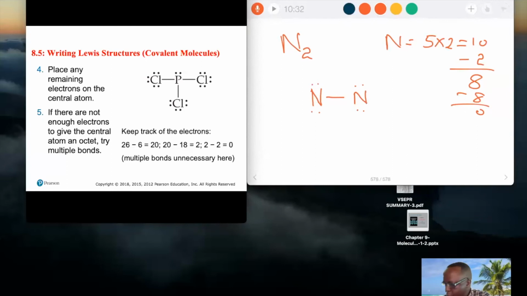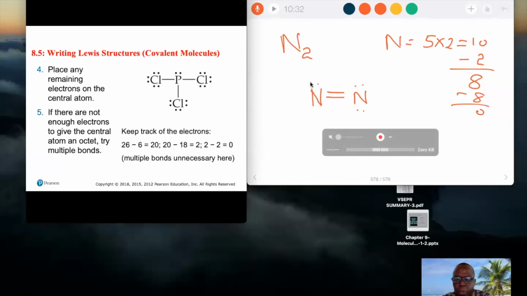In this case, you can make a double bond here and get rid of that. If I count this, 1, 2, 3, this nitrogen has 6 electrons. 1, 2, 3, 4. The second nitrogen has 8, but the first one does not satisfy.